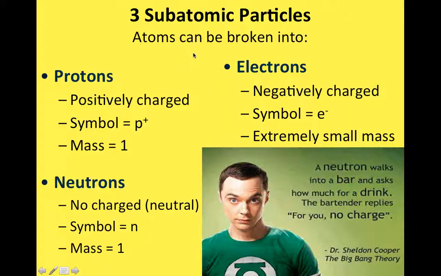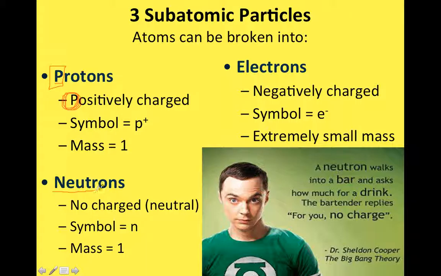Okay. Now there are 3 subatomic particles that are found of an atom. The first one is a proton. And when you visualize this, think of the P for proton. Protons are positive. So P for proton, P for positive charge. Okay.